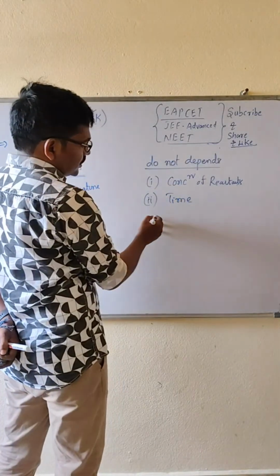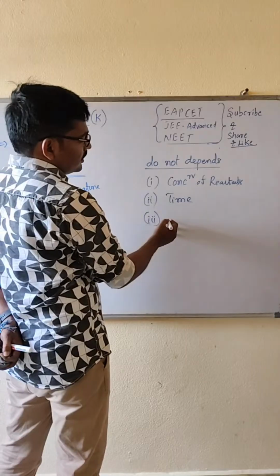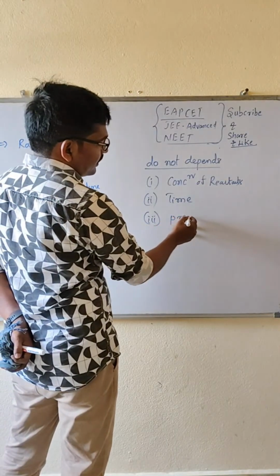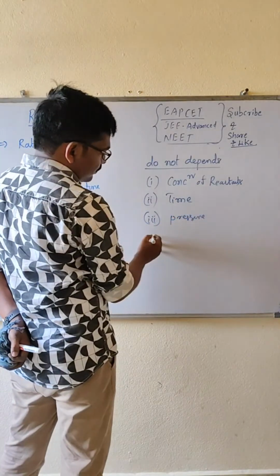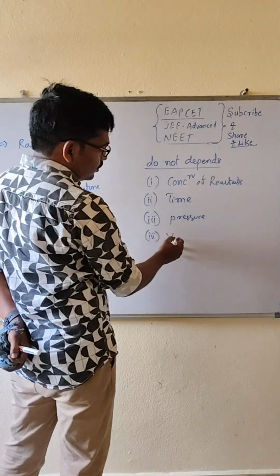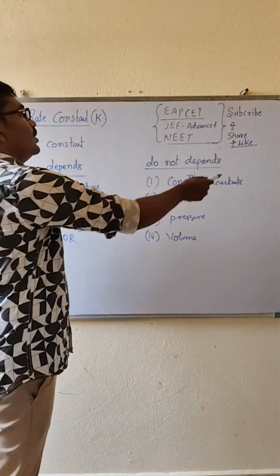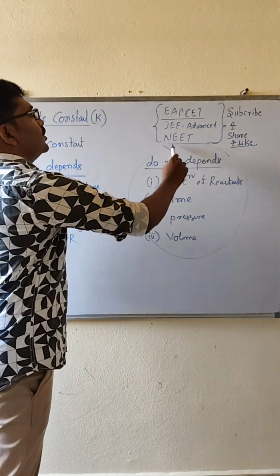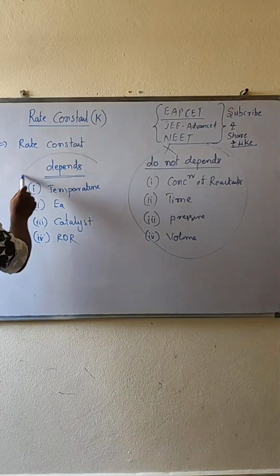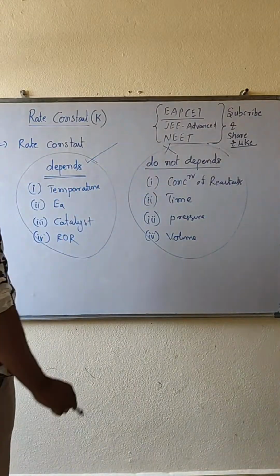Then it does not depend on pressure, and fourth, volume. So it does not depend on volume either. So these are what it does not depend on, and those are what the rate constant depends on.